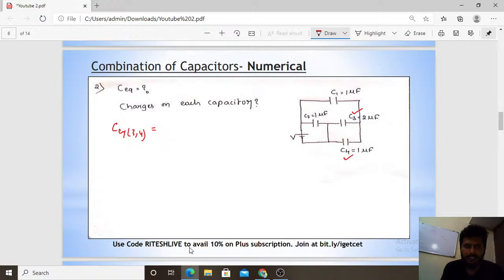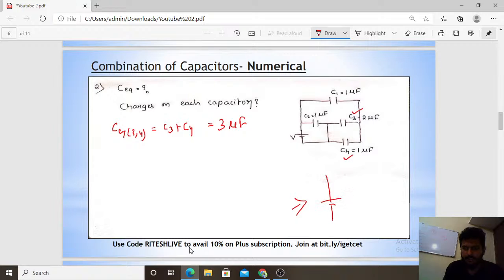Yes, that is parallel. For parallel, you can directly write C3 plus C4, that is 2 plus 1, that is 3 microfarad. Am I right? Yes, good, Yashasvi. Then the new circuit form will be how much?